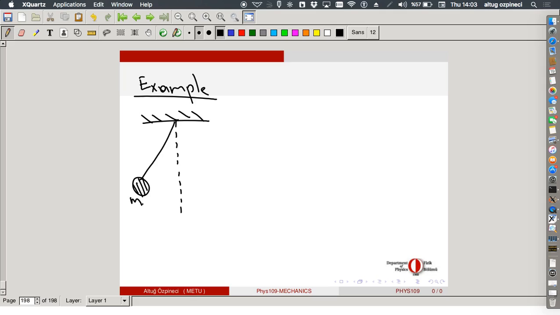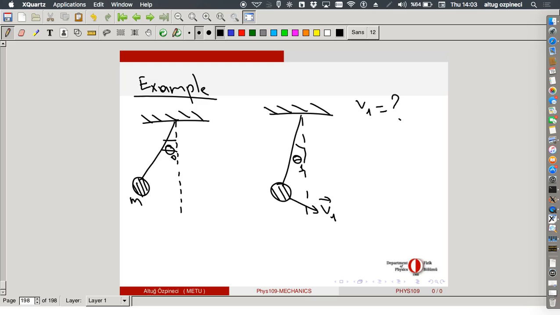We just move the mass slightly to one side such that it makes an angle theta with the vertical, let's call it theta 0, and then we can release it. What will be its speed when it passes through this point, let's say theta 1? So when it reaches this point, it will have some velocity, let's call it v1. What is the speed?